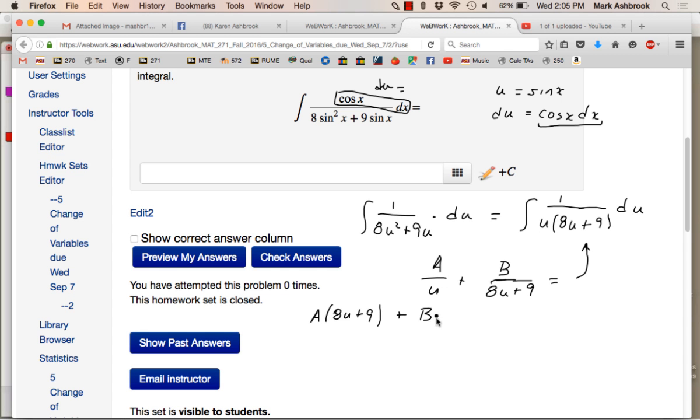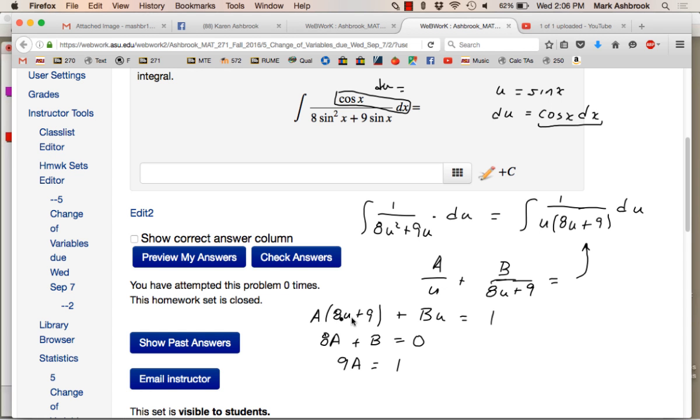Okay, so your numerator is going to be a times 8u plus 9 plus bu, and that's going to equal 1. So we're going to have 8a plus b. Those are our coefficients with a u. That's going to equal 0, because those are my u's. And then 9a equals 1.